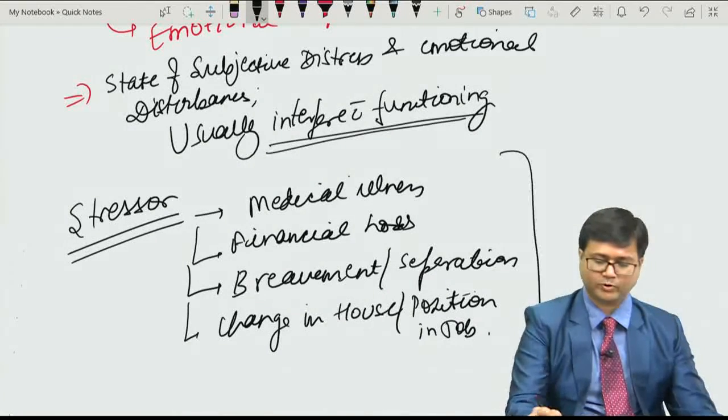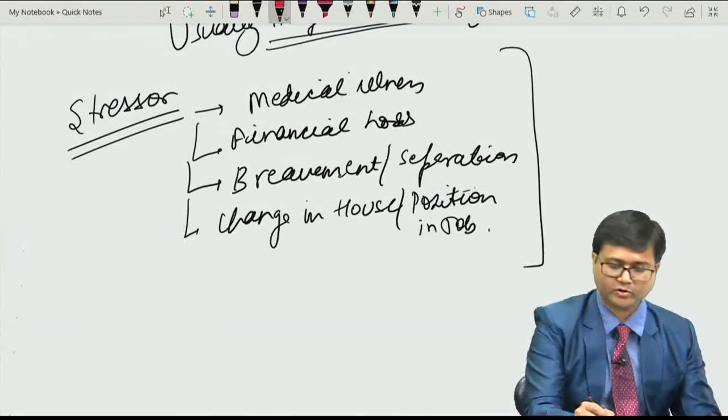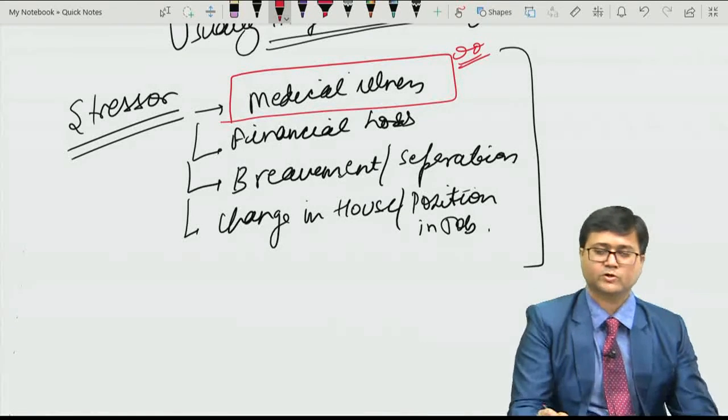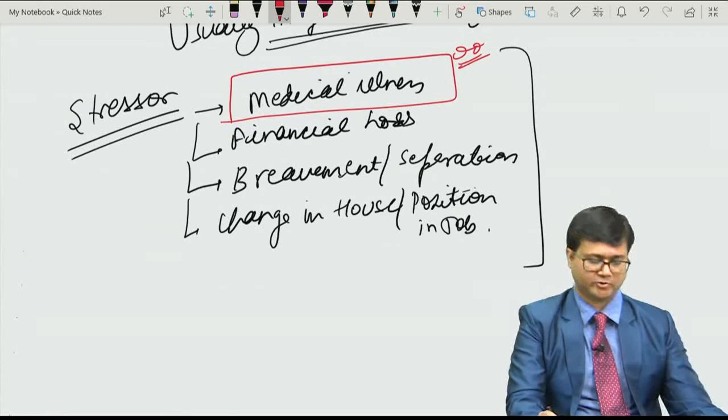So these are some of the important stressors which can precipitate adjustment disorder, and it is very commonly seen in patients hospitalized with a medical illness or sometimes a chronic medical illness. So it is very commonly seen in such patients.